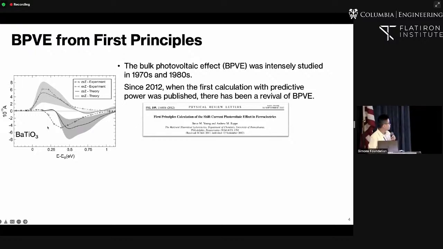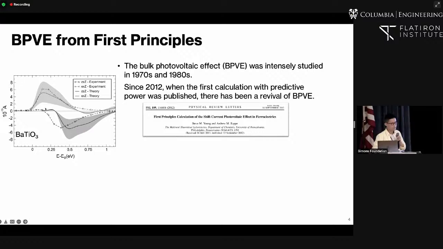Here I'm showing you the result for barium titanate. The horizontal axis represents the photon energy relative to the band gap, and the vertical axis represents the photocurrent. The solid line represents the theoretical result, whereas the dashed line represents the experimental photocurrent.